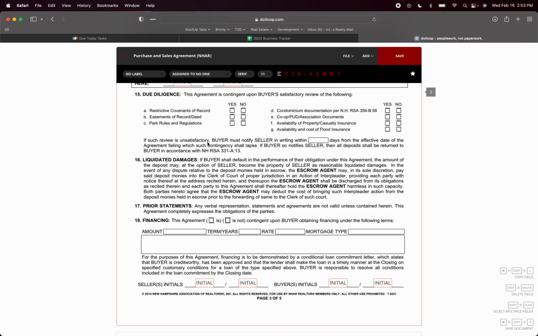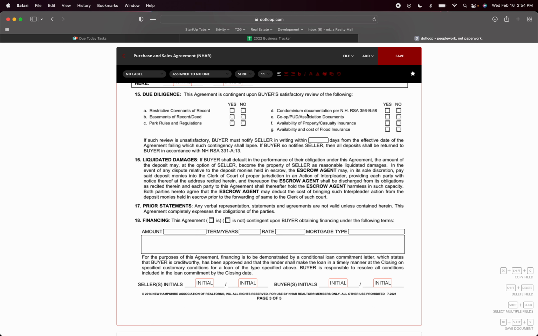Section 15 deals with the due diligence period. In the state of New Hampshire, due diligence is separated out from inspections, and due diligence is going to relate to the things listed here. So, insurance is a really common one. Any restrictive covenants, which will likely be listed on the deed, any easements on the deed, if it's a mobile home or a property in a park that might have its own rules and regulations, reviewing those rules and regulations.